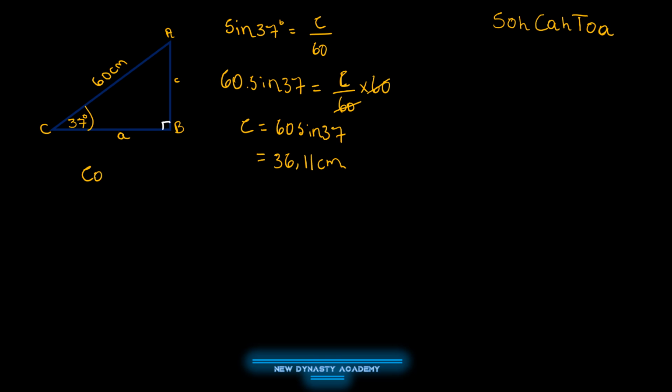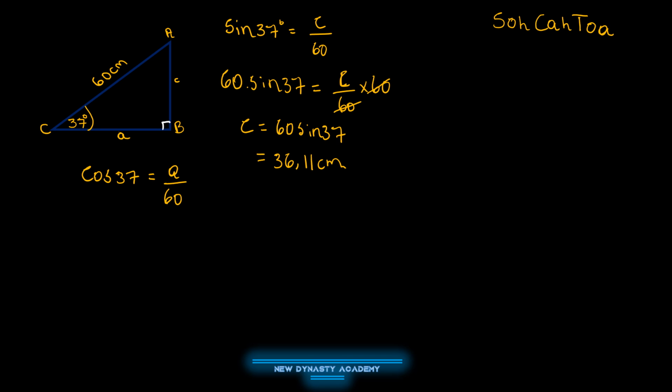We define cos as the adjacent over the hypotenuse, so that is cos of 37 equals A, here our adjacent side, over the hypotenuse, which is 60. We're doing the very same calculations as we did before, but in this case we're using cos.